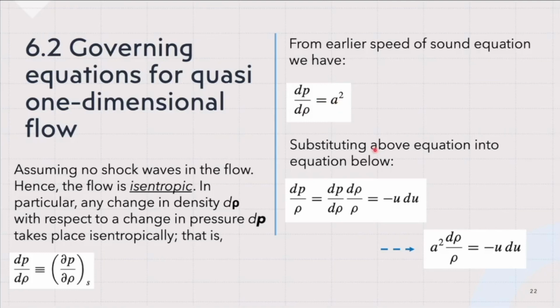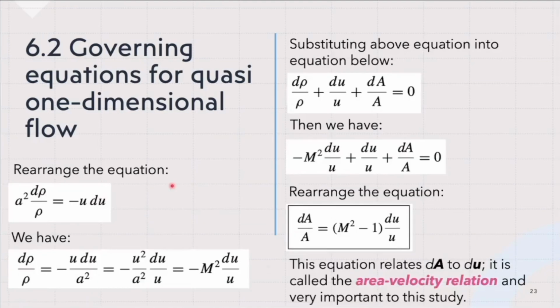Substituting this equation into the equation below, we then get a new expression with regards to the speed of sound. We want to rearrange the equation that we have already obtained, and we have this expression. So now we can see that there is a component of Mach number.